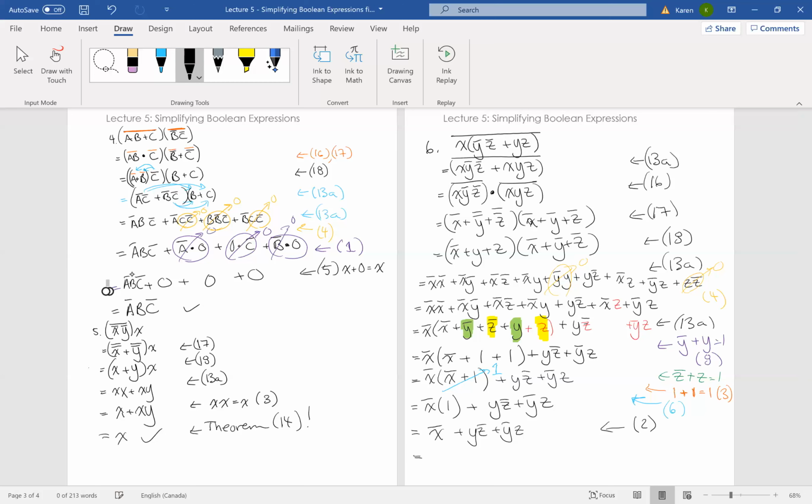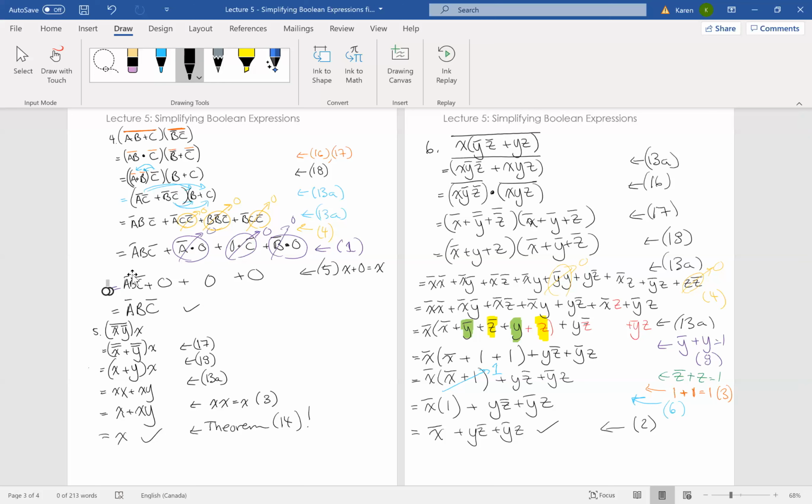And let's see what happens if we factor out. Oh, I can't really factor out a y or a z from there. I think this might be as far as we can go with this expression. I don't think I can simplify this expression any farther. Yeah, I'm going to call that the final answer.